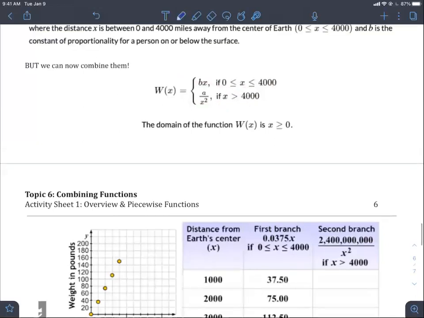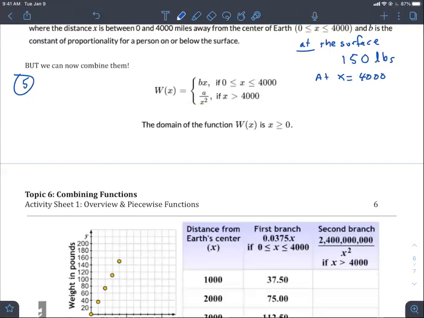Now, for the record, this is going to correspond to question 5. It is known that at the surface, the astronaut weighs 150 pounds, and that is at x equals 4,000.